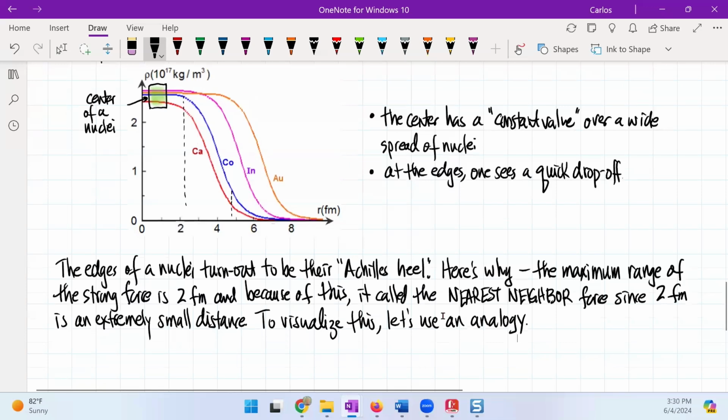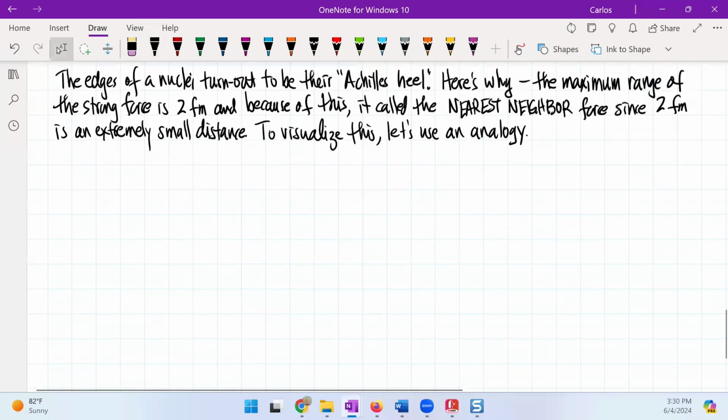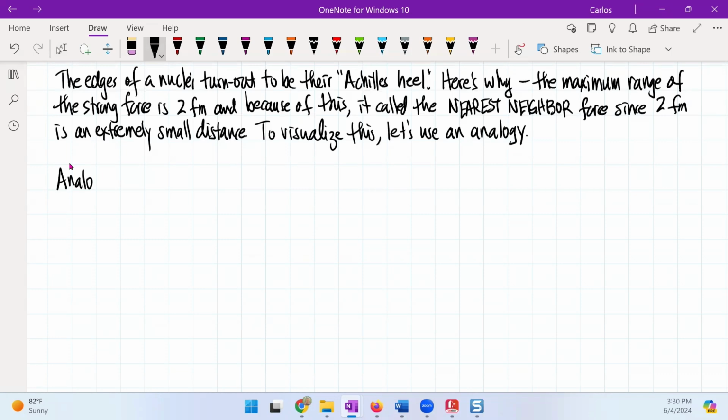Imagine that we have a collection of Velcro balls. In other words, the Velcro produces an attractive force.